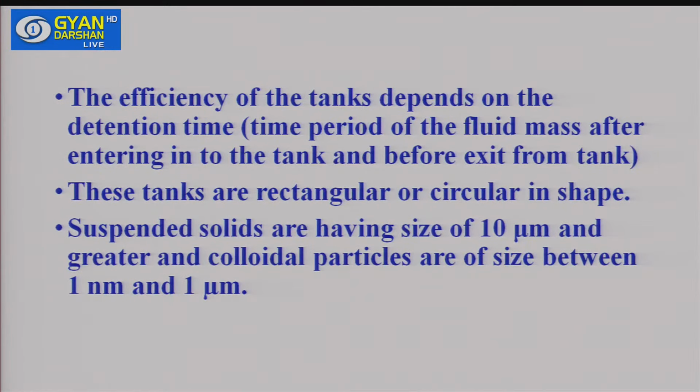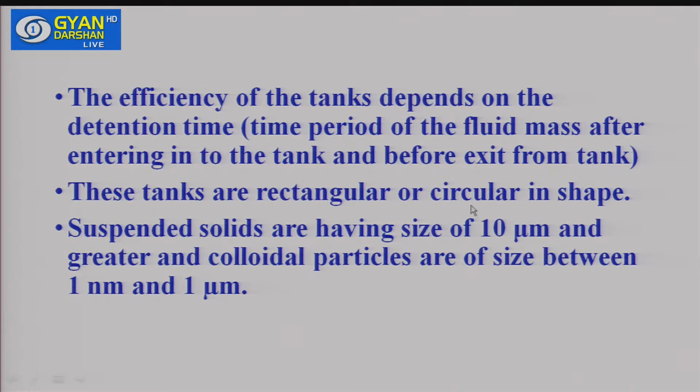From there these solid particles are removed and clean water goes for further treatment processes. So this is the functioning of this sedimentation tank. The efficiency of the tank depends on the detention time. Detention time is the time for which water remains in this tank.